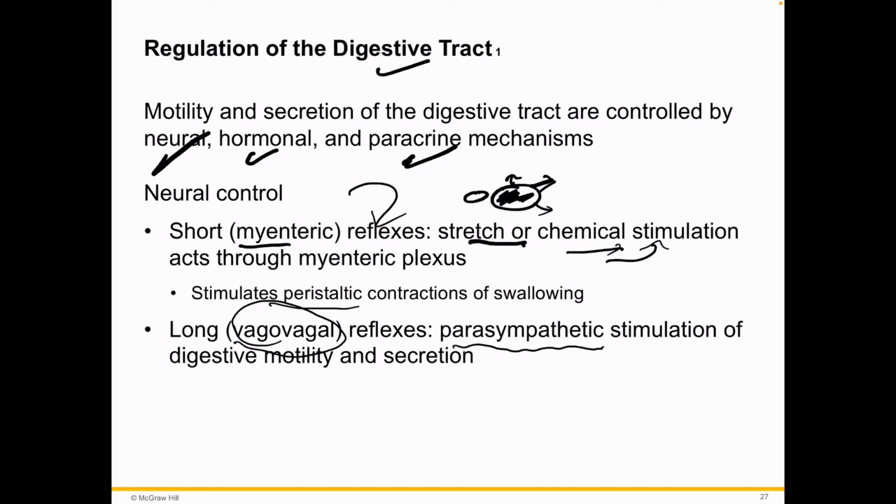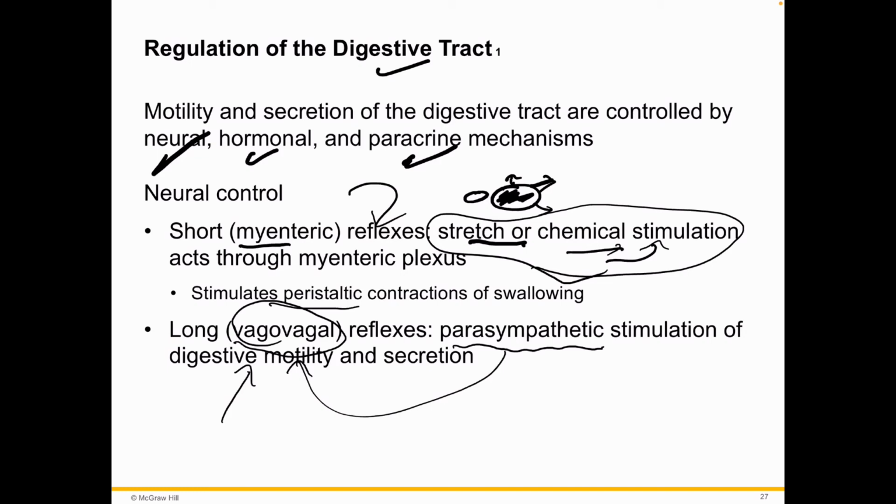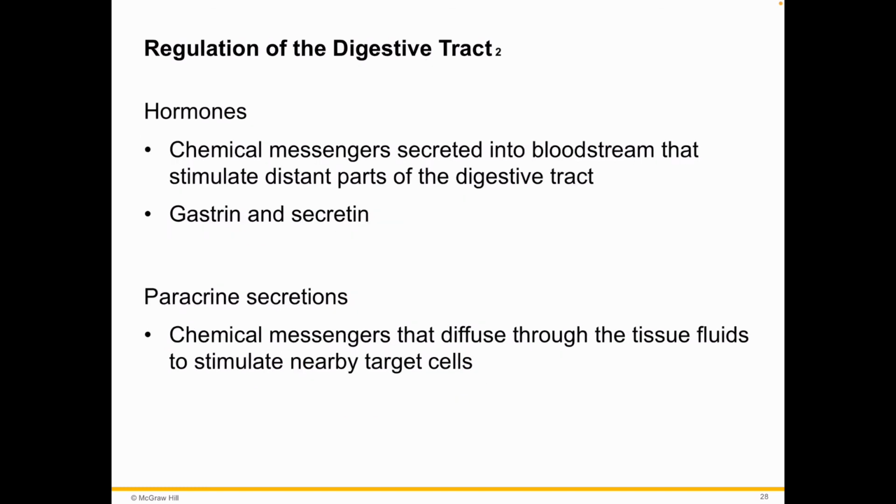The short reflexes are all happening right there in that area, and the long ones are actually traveling all the way through the central nervous system. What these are doing is generally helping us move the food bolus through using peristalsis as well, but also causing us to start the secretory process.